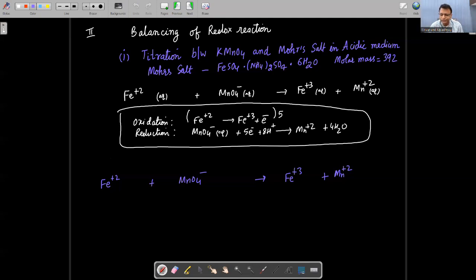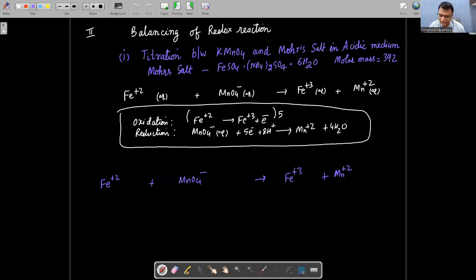In Mohr's salt, only iron +2 is the reducing agent. Iron +2 is going to convert into iron +3. In acidic medium, KMnO4 is an oxidizing agent, and it will convert into Mn2+ ion. Even any higher oxidation state of manganese in acidic medium will convert into Mn2+. If MnO2 is there, it will convert into Mn2+.